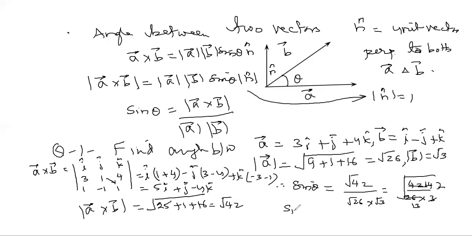So we got sine theta is equal to under root 7 by 13, and theta will be equal to sine inverse. So the angle will be equal to sine inverse of under root 7 by 13. In this way we can find it out.